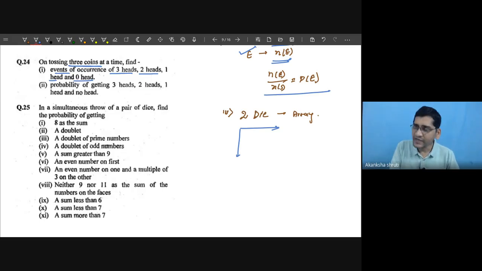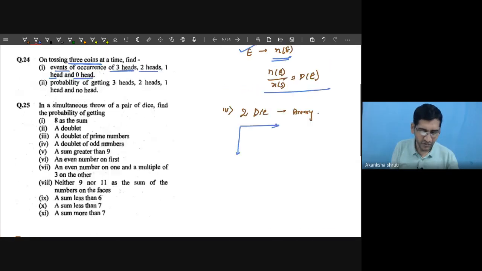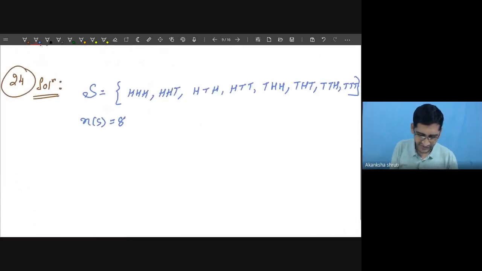So these 4 events in part 1 we have to write, because it is not possible to have 3 heads and 2 heads together. Here it is not asked for greater than 2 heads, or 2 and 3 heads together. It is not like that. So in the first we shall understand for 3 heads, 2 heads, 1 head and 0 heads.